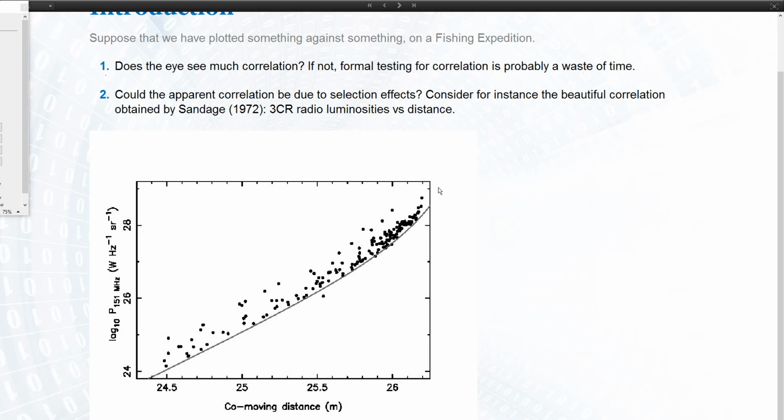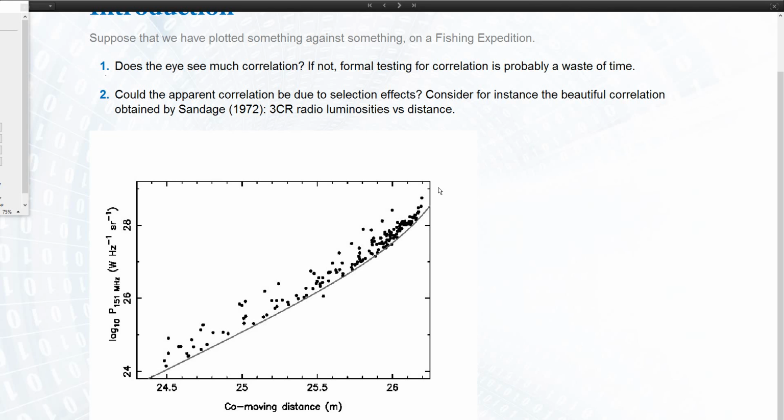But this was one of the plots of 3CR radio luminosities. 3CR is a catalog of radio brightnesses of galaxies, as a function of distance. That's here in some arbitrary co-moving distance in magnitude, so some arcane unit, but it's distance. Far away, close. And that's brightness, so bright and faint.